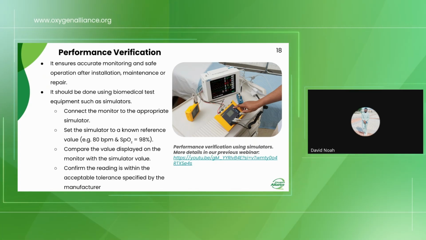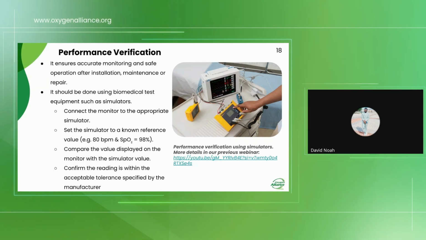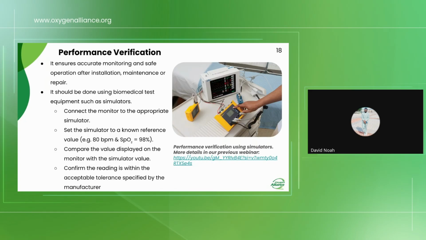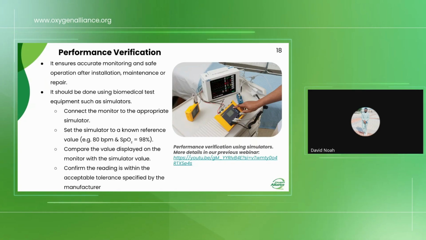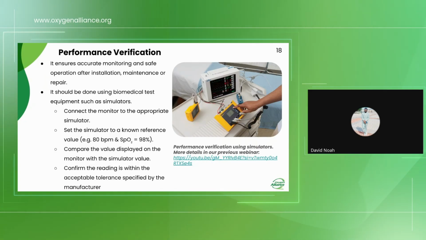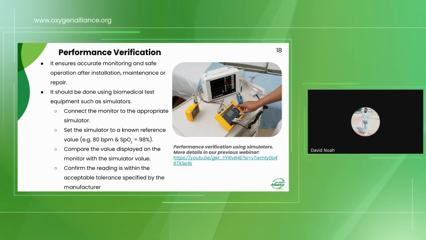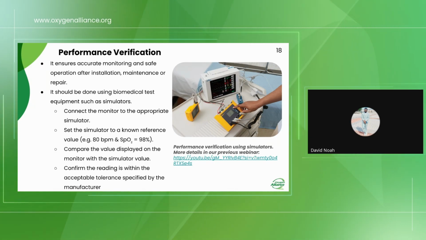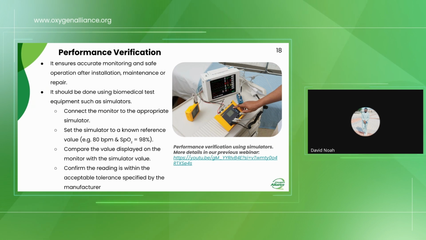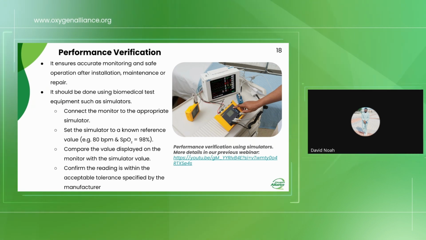Generally, what you do is connect the monitor to the appropriate simulator. If you're using specific simulators for specific parameters, for example for SpO2, you have to connect the SpO2 simulator to the monitor and then set the simulator to a nominal value.